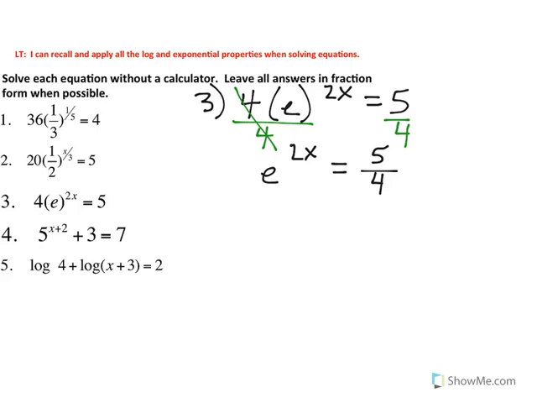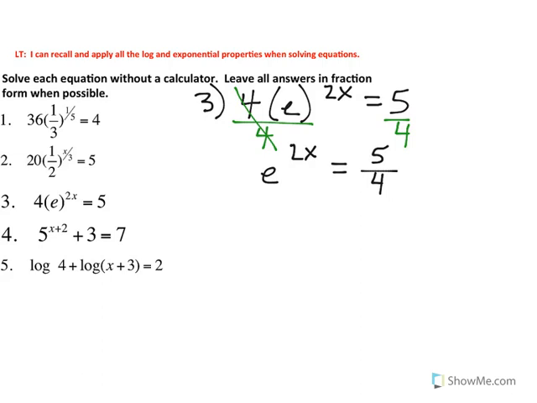Method 2 is take the log of both sides, but we have to be very strategic in how we do that. We don't get to just say log on this side and log on that side. Specifically, we've got an exponential piece on one side and a fraction on the other. So whatever we take the log of both sides on, we need to make sure that it has the same base as e.